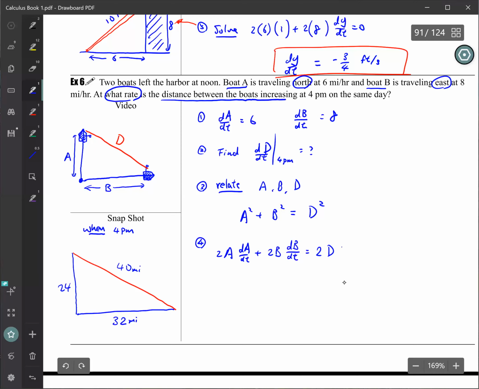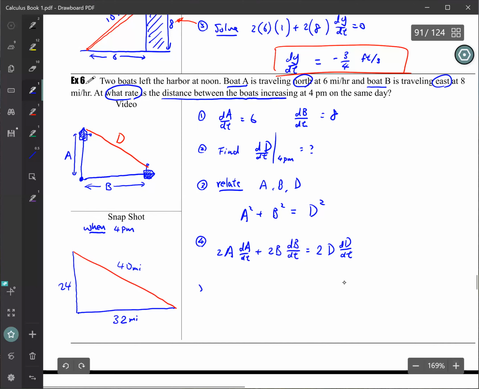Is there a dD over dt? Yeah, because all the variables are functions of time, okay? And if the function is inside another function, in this case, a square, you've got to use the chain rule. So we want to solve for dD/dt, right? So you must check, do we have everything else?